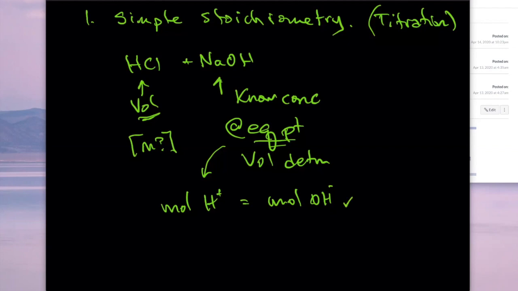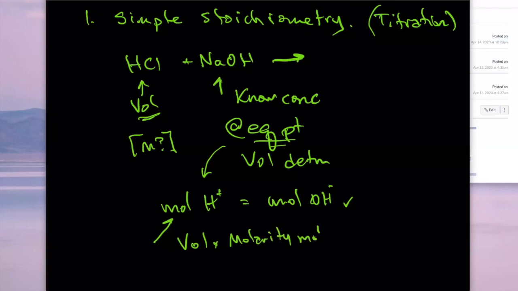In general, when you do this type of problem, you want to calculate the moles of your acid, and that generally is the volume times the molarity. Remember that molarity is moles per liter, and the volume is generally in liters.